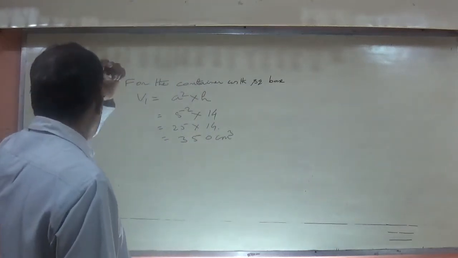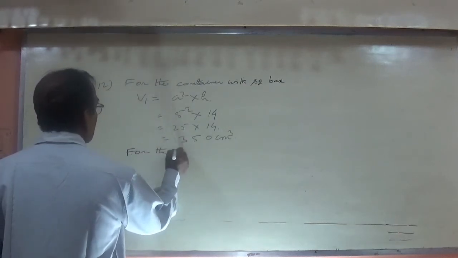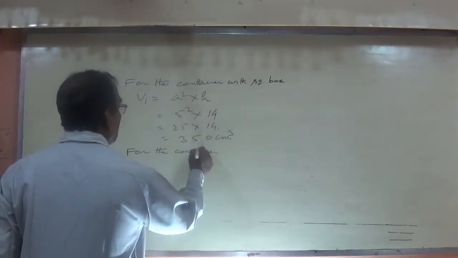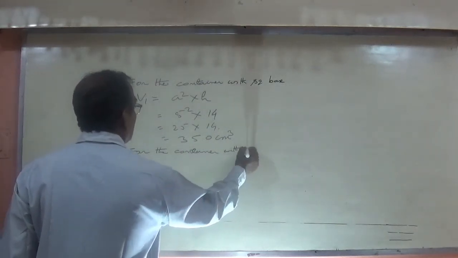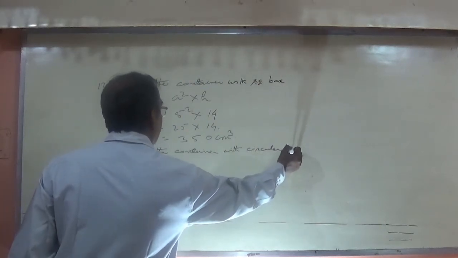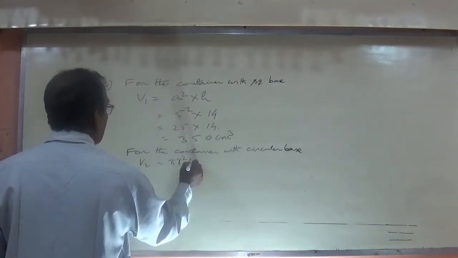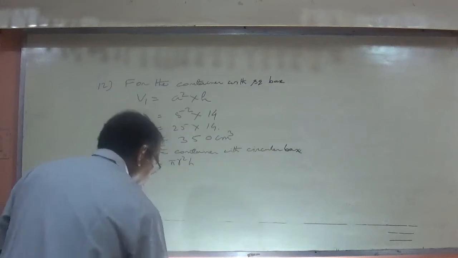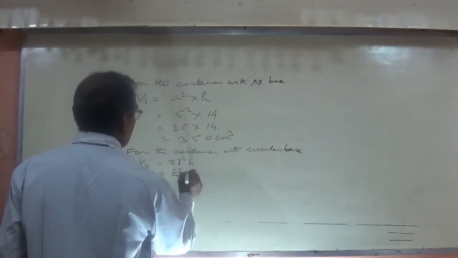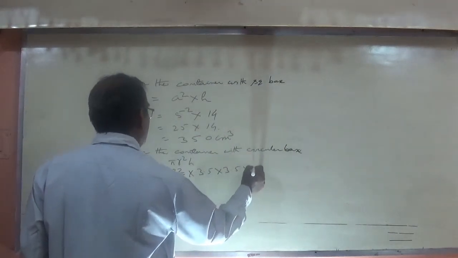Now let us try to find the volume for the container with circular base. So V2 is equal to pi r square h. So pi is 22/7 into r, 3.5 into 3.5 into h.